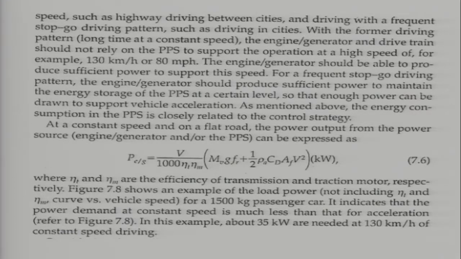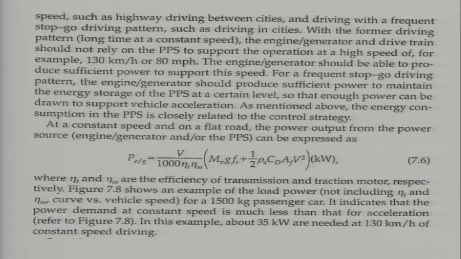The energy consumption in PPS is closely related to the control strategy. So control strategy, how exactly you are controlling the PPS charging and discharging, that will decide the energy consumption. At a constant speed and on a flat road, the power output from the power source can be expressed as follows.